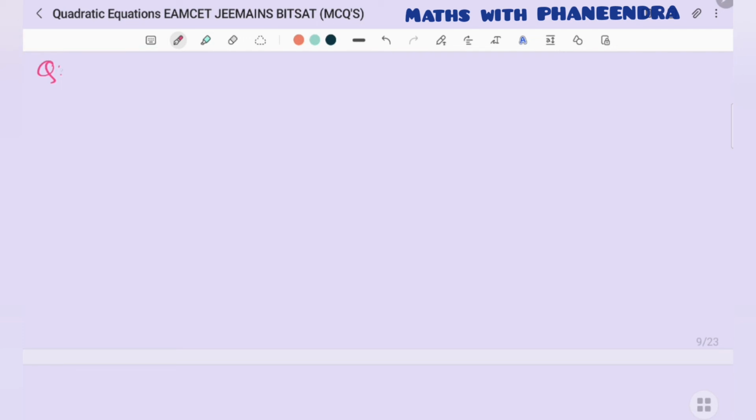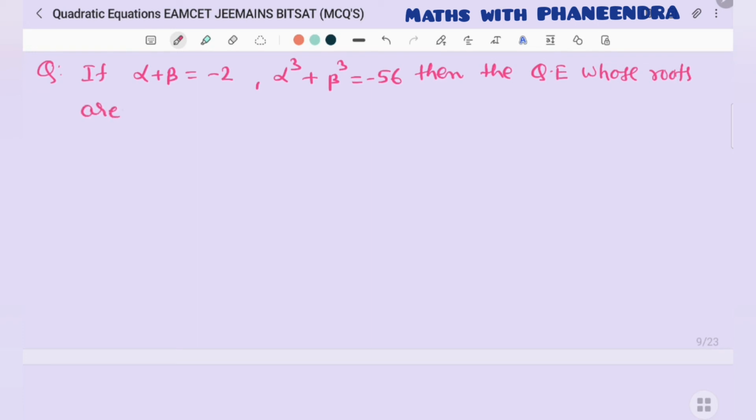The next question is, if alpha plus beta is equal to minus 2 and alpha cube plus beta cube is equal to minus 56, then the quadratic equation whose roots are alpha, beta is.